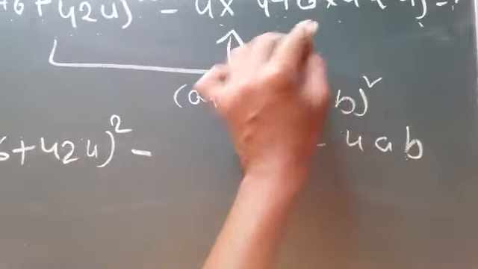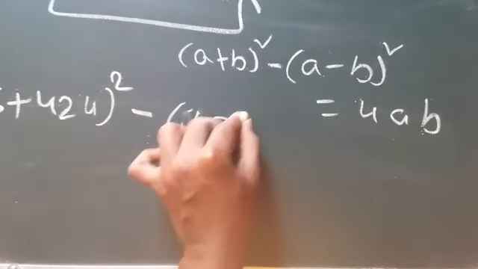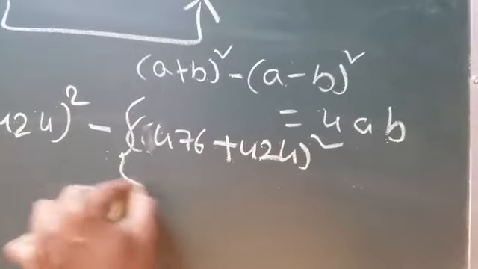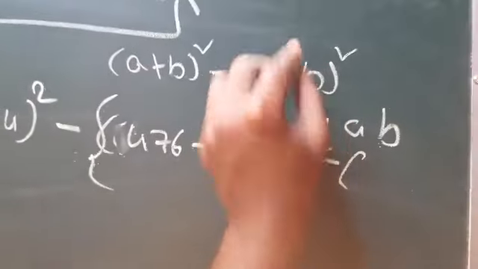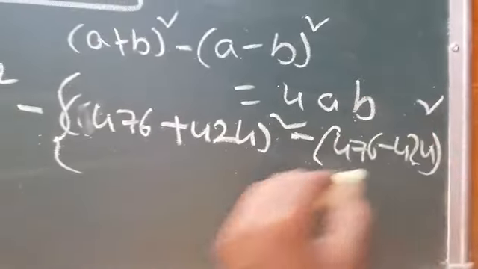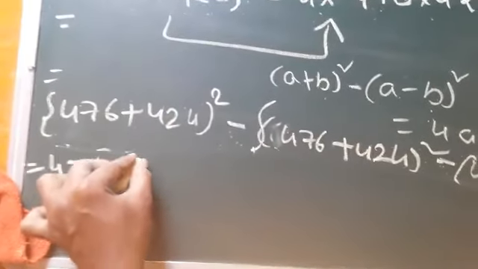Let us replace 4ab as a plus b whole square. Here a is 476, b is 424, minus a minus b means 476 minus 424 whole square. Let us evaluate this. Keep 476 plus 424 whole square as it is.